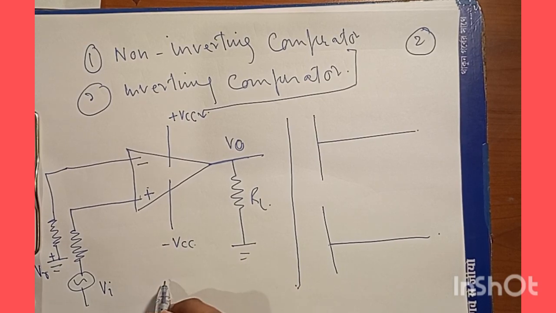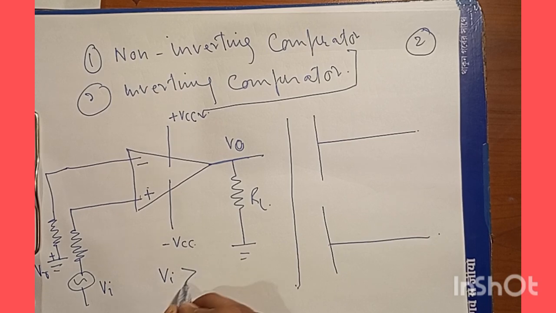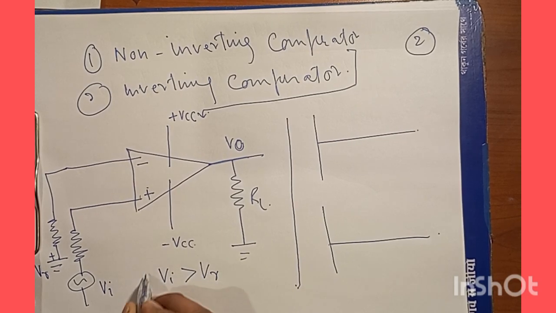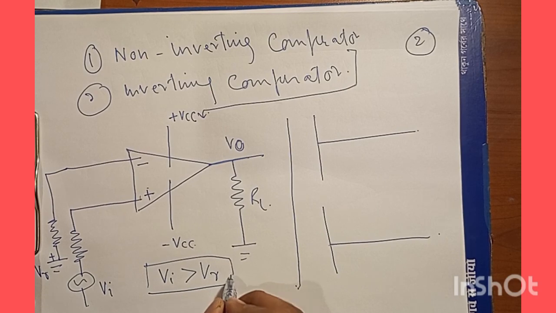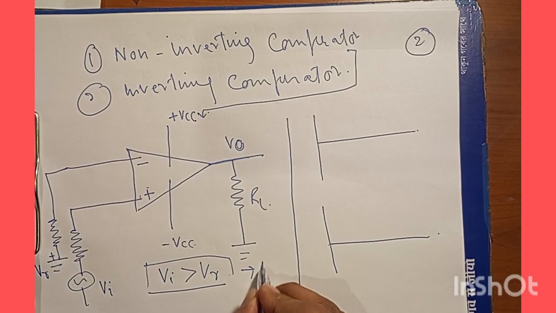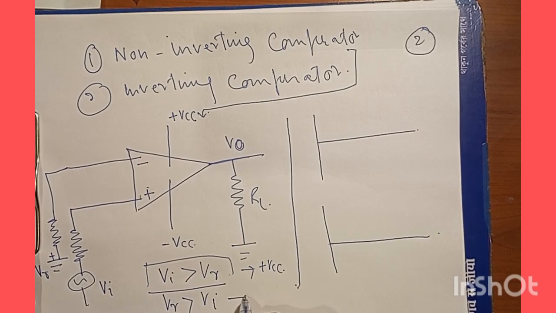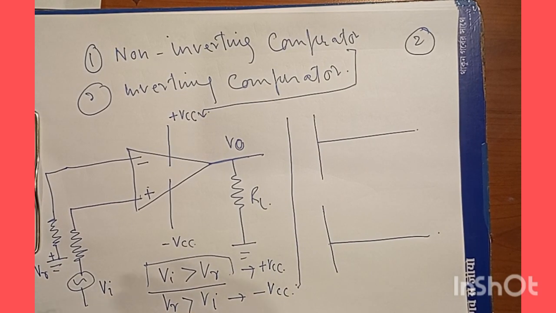Now if VI is greater than VR, what we expect is plus VCC from here, right? And if VR is greater than VI, in that case I am going to have an output of minus VCC. This VCC we also call the saturation voltage.